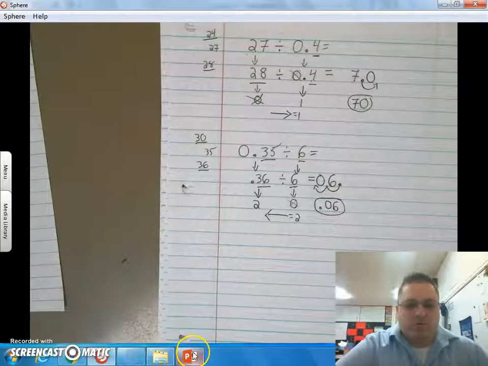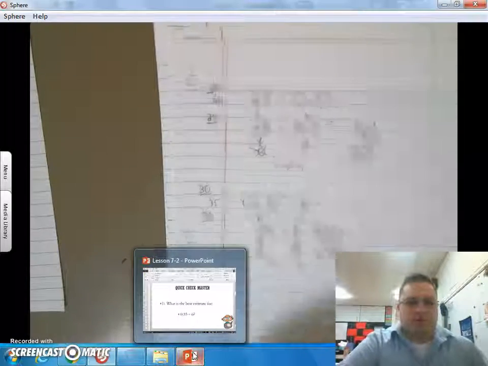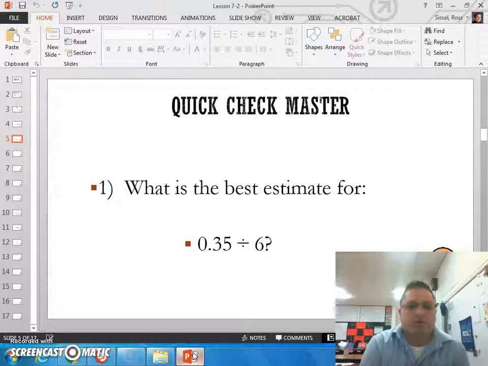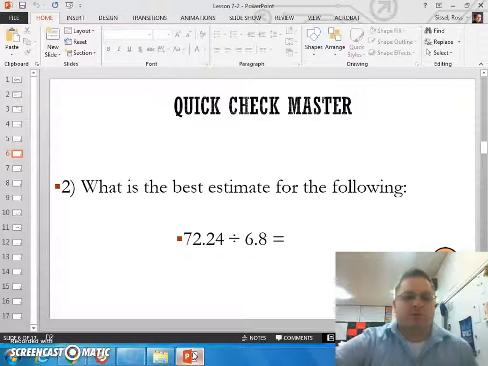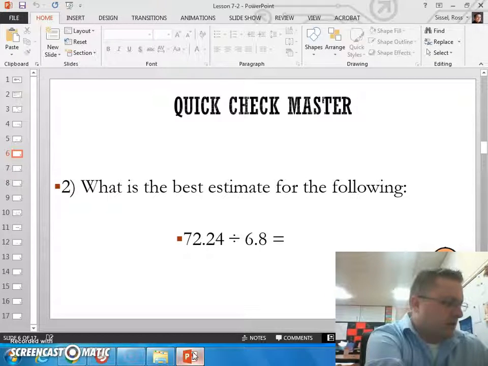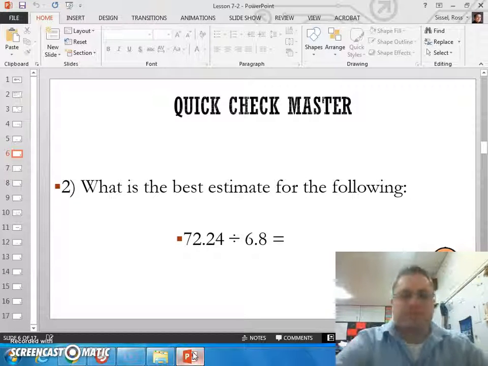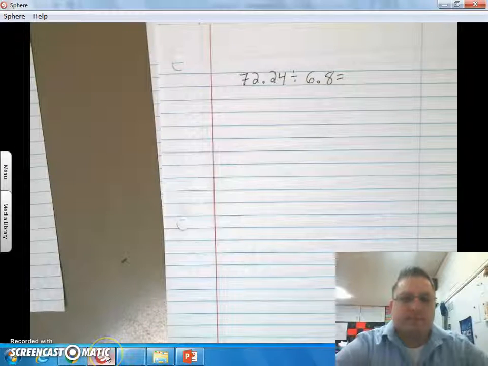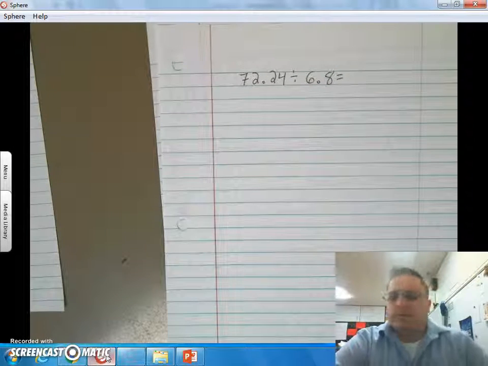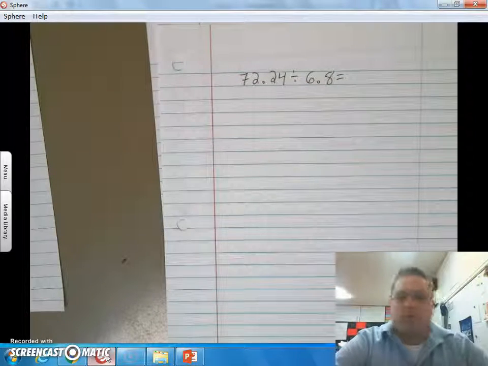Okay, I'm going to do probably one last problem with you, and then I'm going to have you try to do some work by yourself. Ooh, this one looks like a good one. Okay, so we are going to write down 72.24 divided by 6.8. Let's follow our steps. Round my divisor to the largest value.